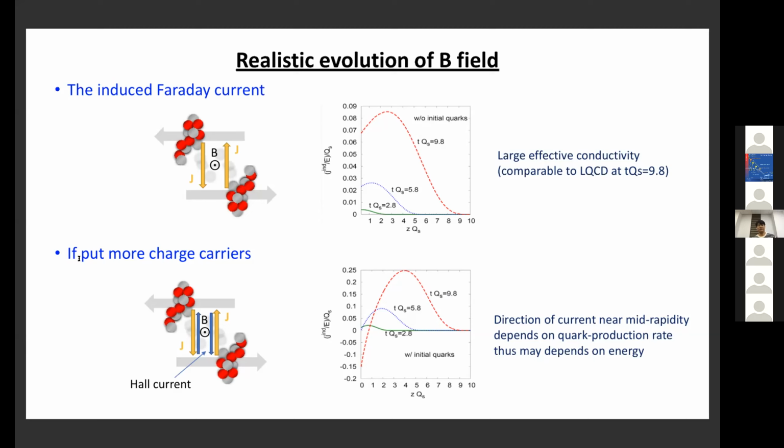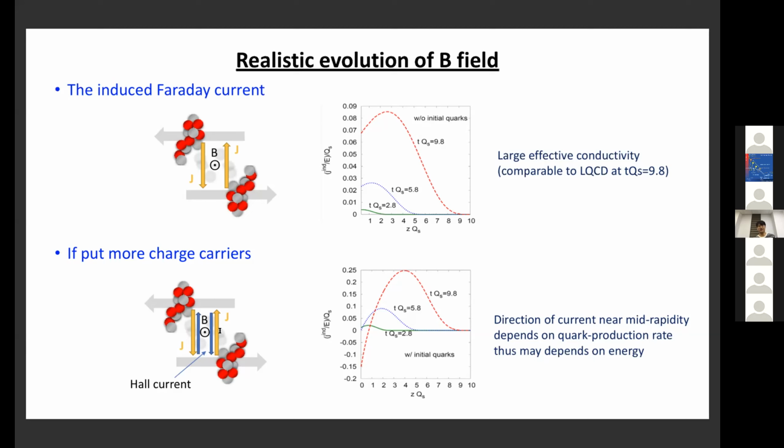If in the initial stage we already put in some quarks, then in addition to this Faraday current, we would have a Hall current. In this case, the Hall current is smaller than the Faraday current, so we will have a positive conductivity. But if we have many more charge carriers in the system, the Hall current could be stronger than the Faraday current.